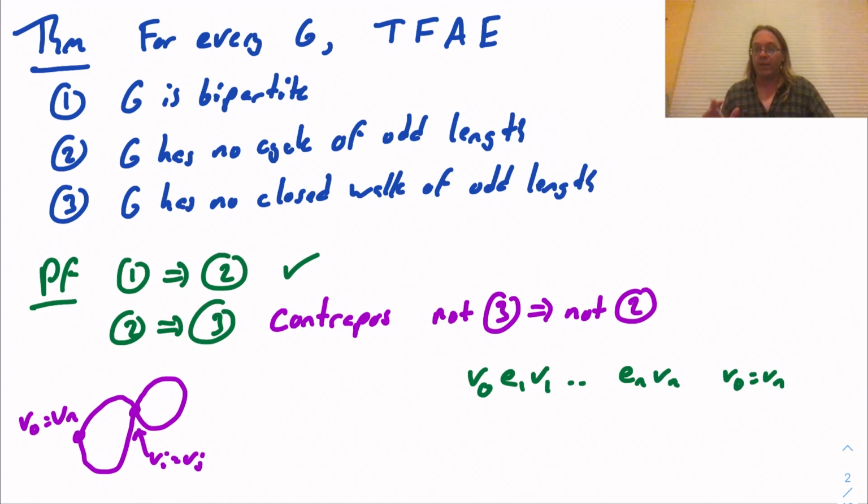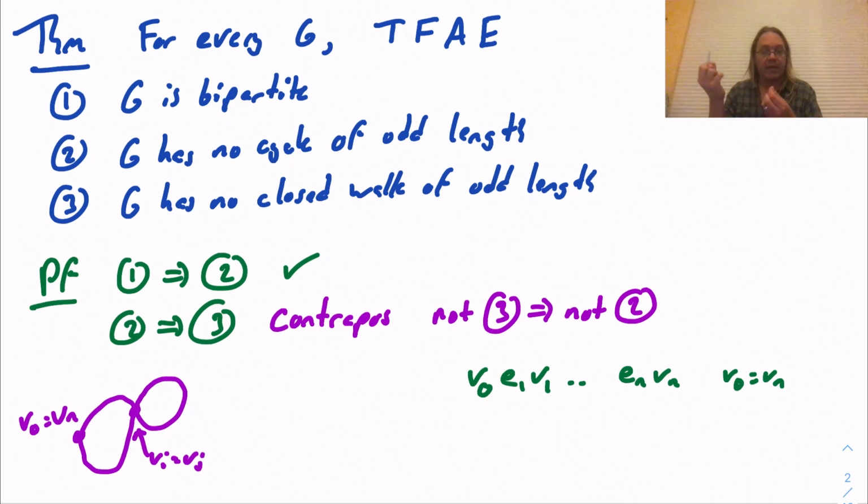Now, if I take our assumption, what's our assumption? Our assumption is that this closed walk is odd length, right? So now I have this closed walk that's odd length, but you see that the closed walk I can just break up into 2 closed walks. You can walk from V0 over to Vi, and then that vertex is also Vj, so you can just continue around from Vj back, and then you have another loop out here, from Vi back to Vj.